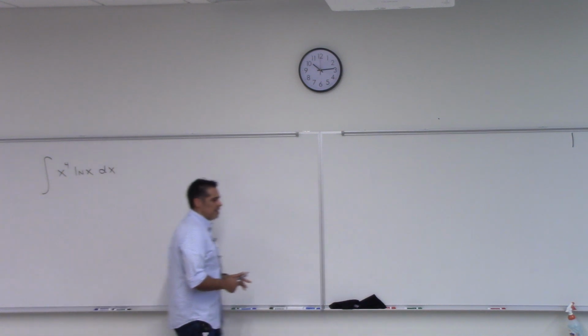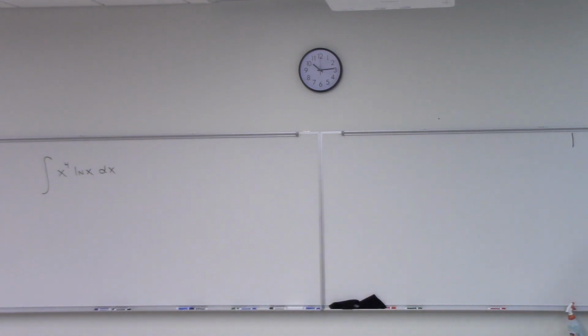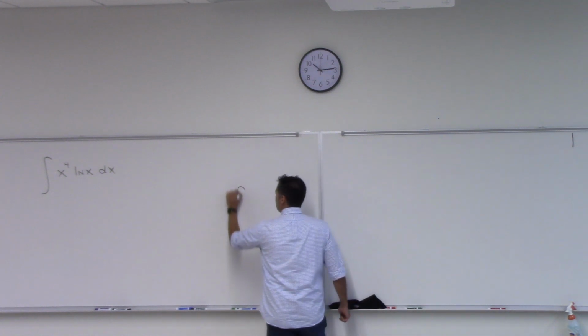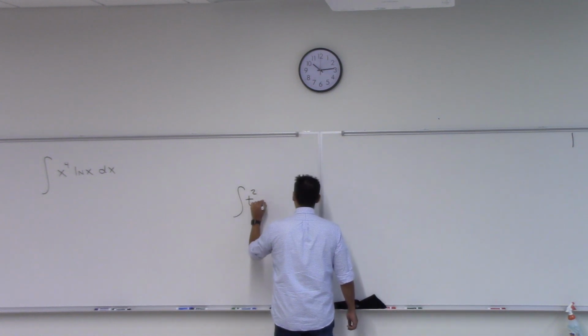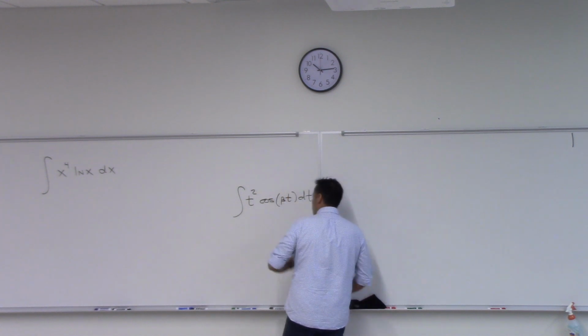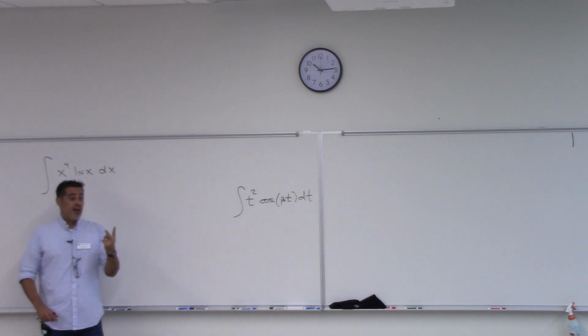That's x to the 4th times natural log x dx. So in the problem we just did, it was something like t squared, sine, cosine, beta t, dt. When we did that problem, we had to use integration by parts twice, right?